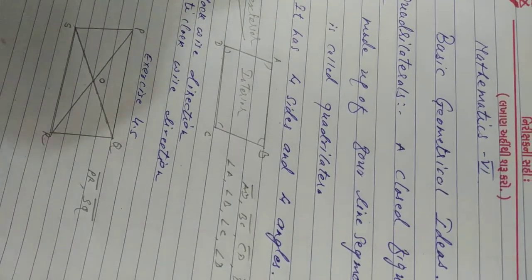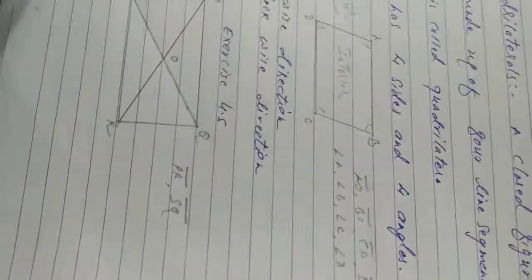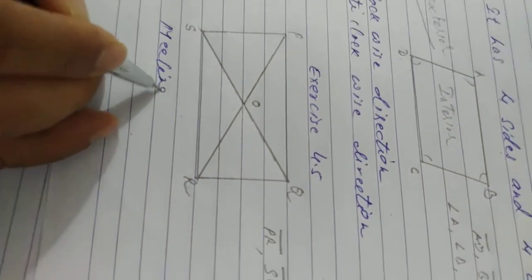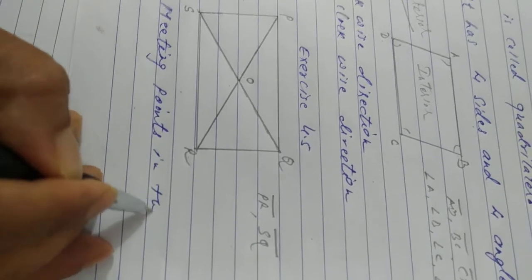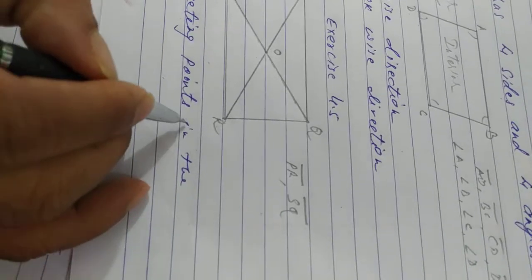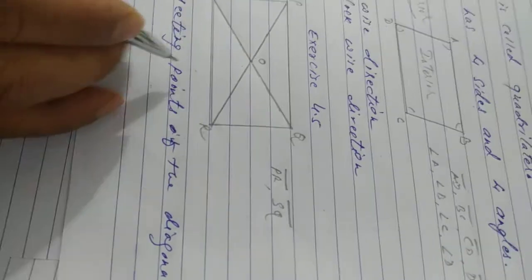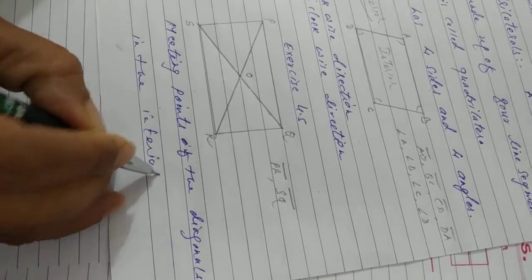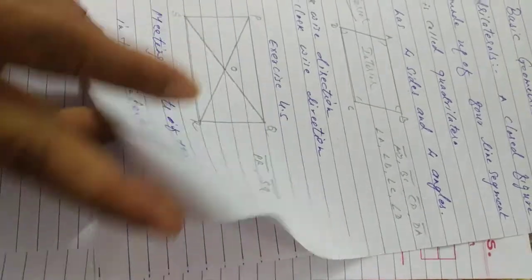So we can say the meeting point of the diagonals is in the interior. Got it? Now let's go with the second example.